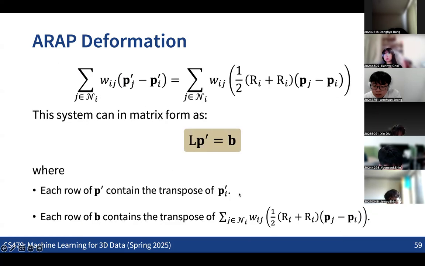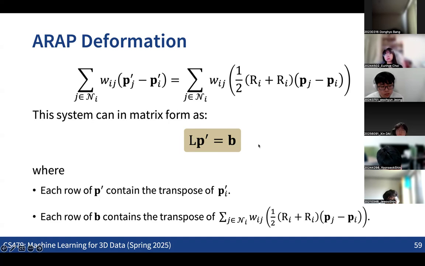Since we defined the weight Wij as the cotangent value that we have seen in the previous slide, when we represent this formulation in matrix form, the weight term becomes the L matrix, which is the cotangent weight matrix that we have seen in the Laplace-Beltrami operator. So we just need to compute the vector b here, which is defined in this way.